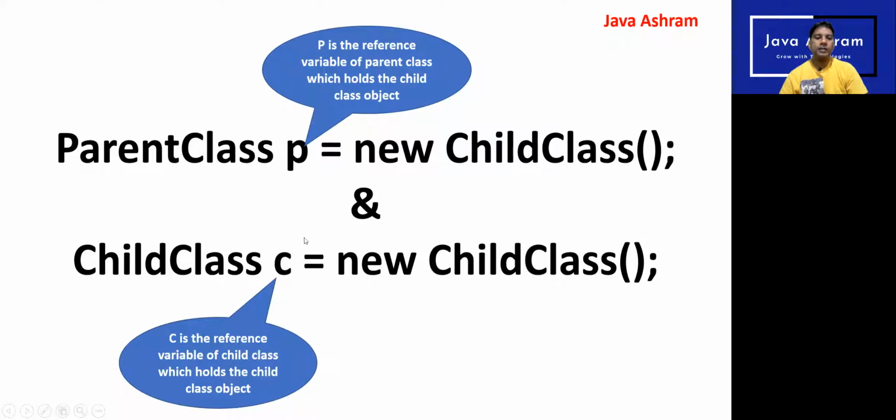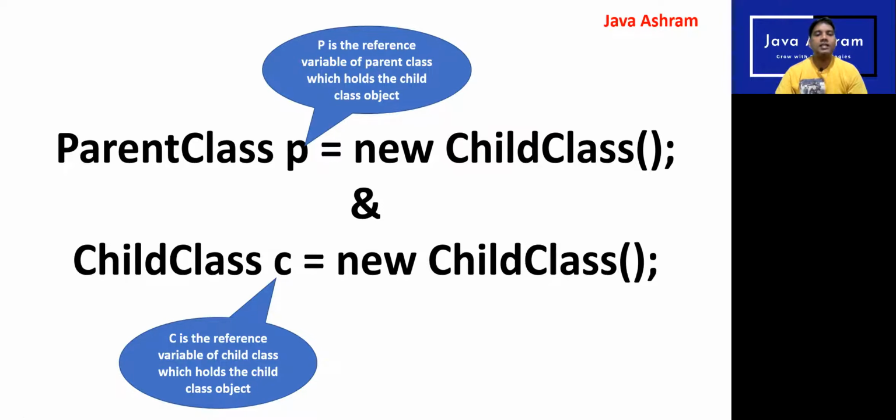So p is referring to the child class object, and here c is the child class reference variable which is holding the child class object. So we see the major difference between these two lines. And if you are an experienced programmer, an experienced Java resource, you must understand these concepts.